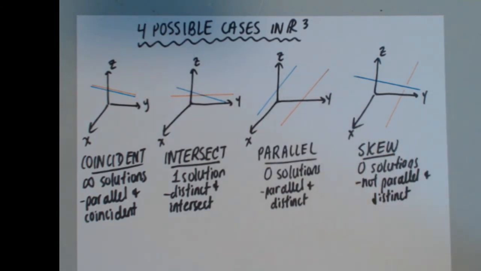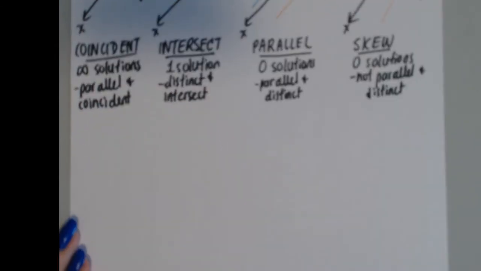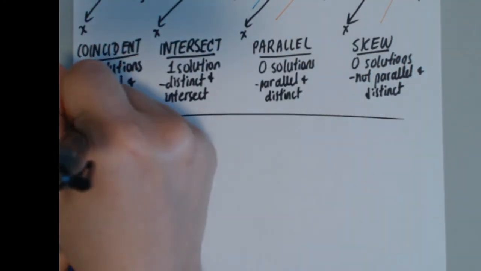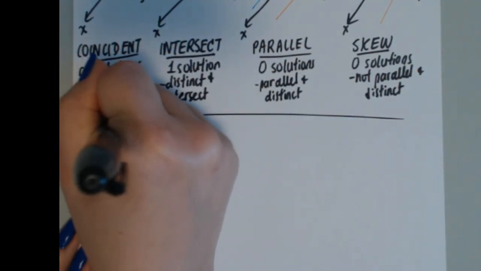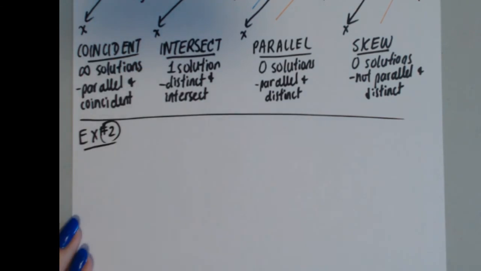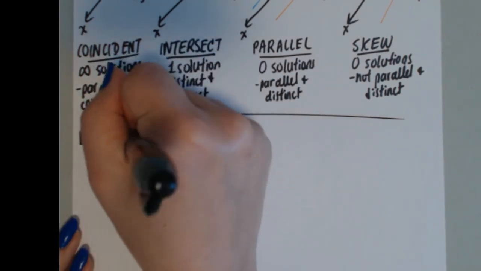All right, good. So let's go ahead and jump into our next example. Example 2. Determine the point of intersection, if any.